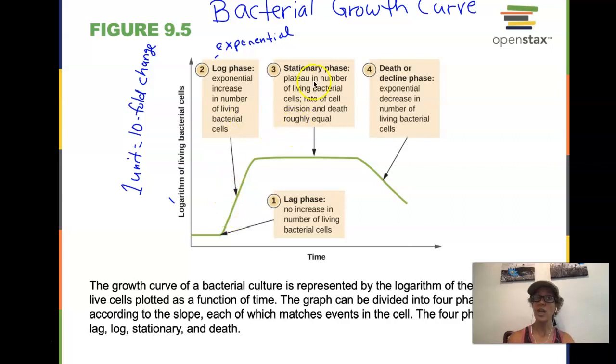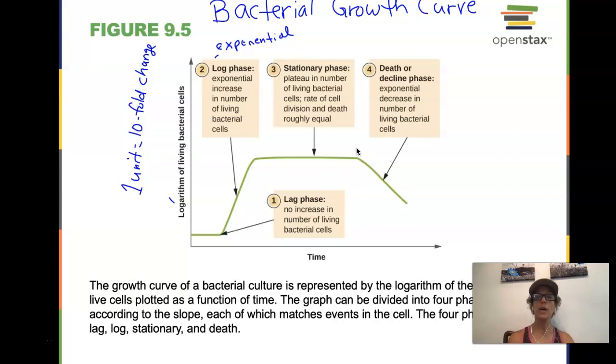When that starts to change, we reach the stationary phase. Even when we start with the most ideal conditions, we aren't going to be able to continue growing at that exponential rate, particularly in a closed system, like a test tube with broth, or a test tube with an agar slant, or a petri dish.